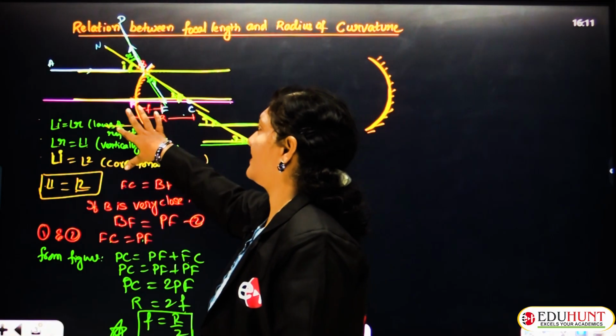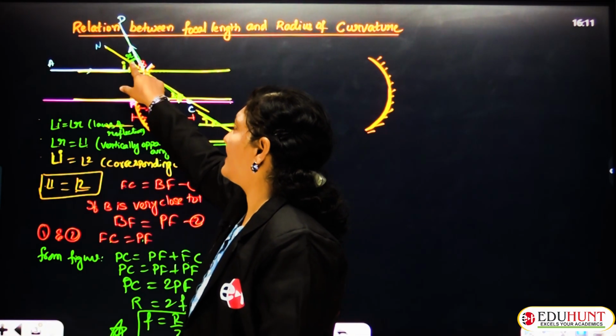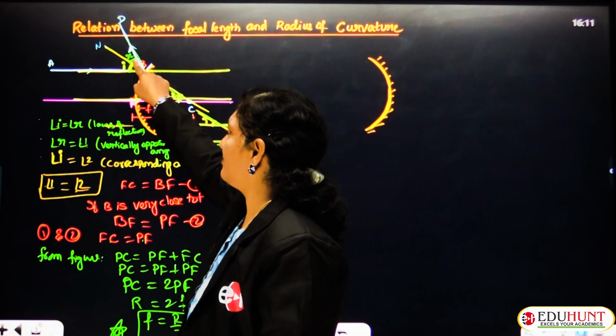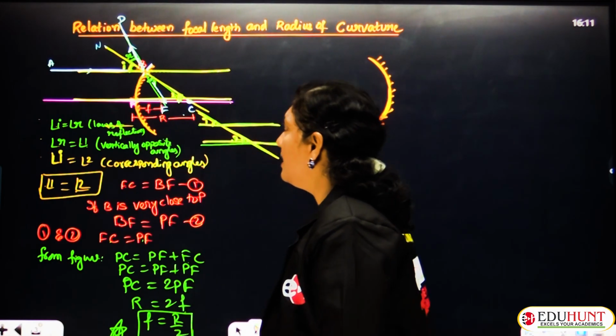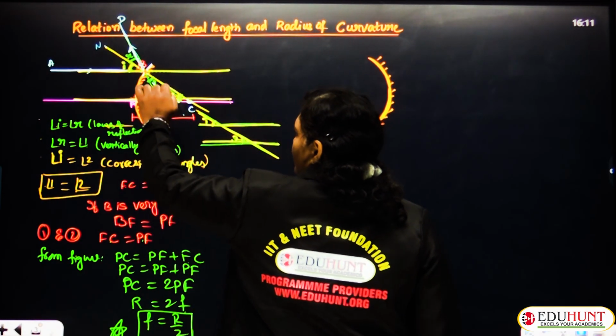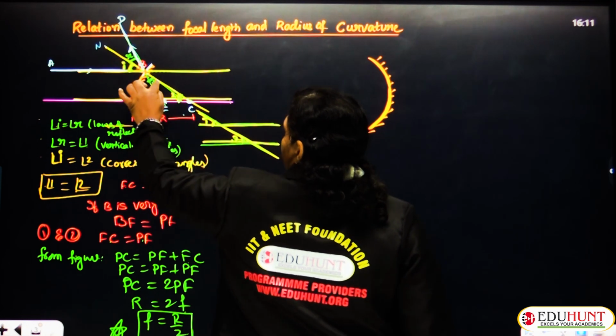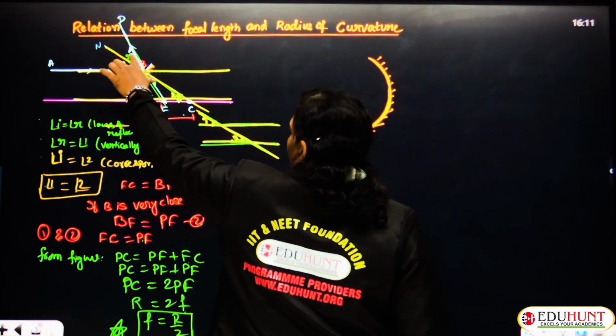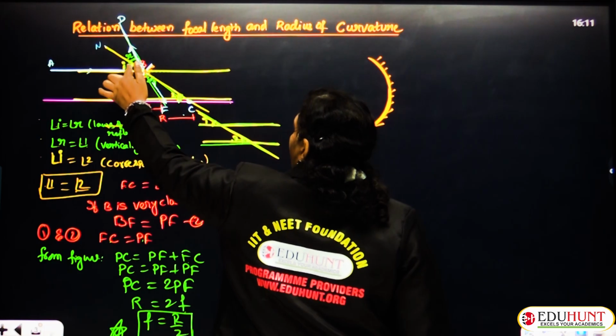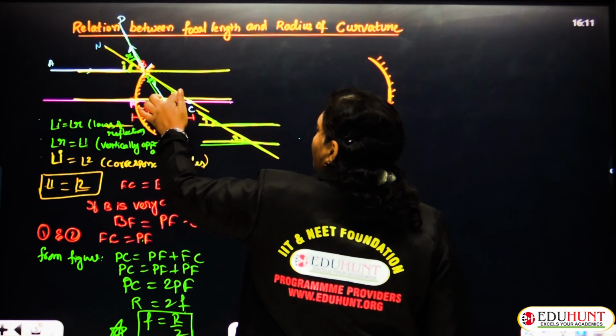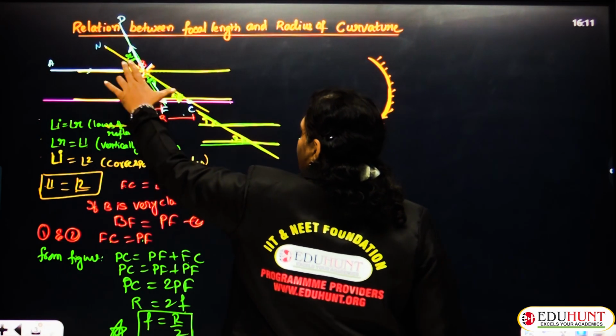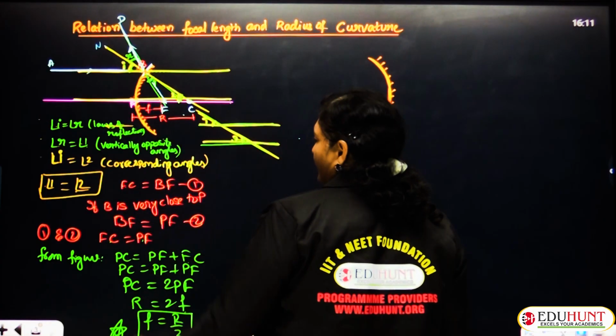From the laws of reflection, the angle of incidence is equal to the angle of reflection. So, i is equal to r, and also from the picture, r is equal to angle 1 because of vertically opposite angles, and also angle i is equal to angle 2 because they both represent corresponding angles.